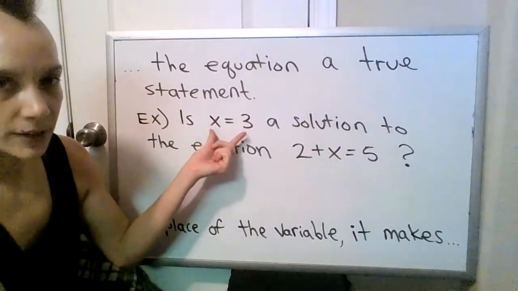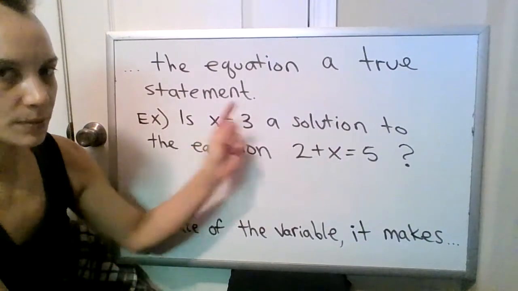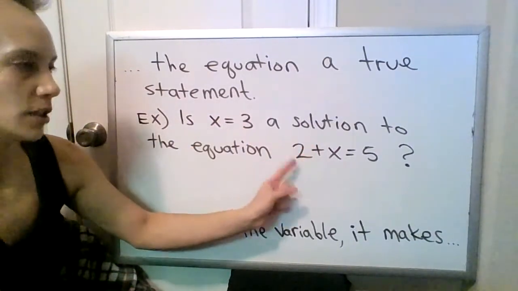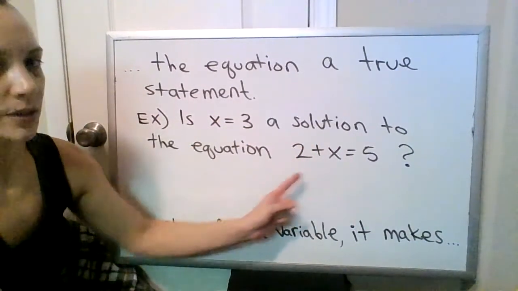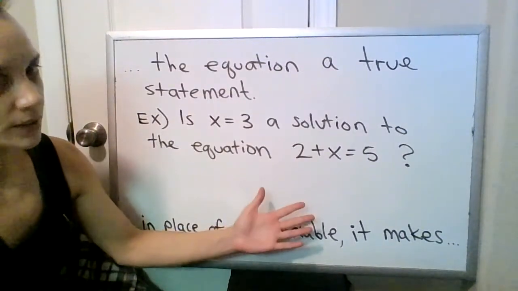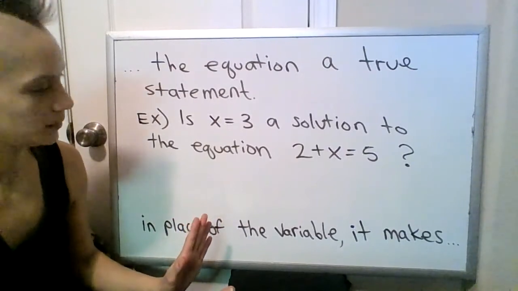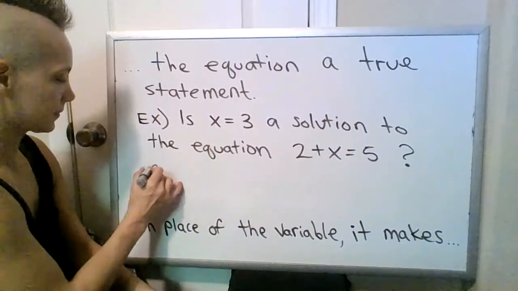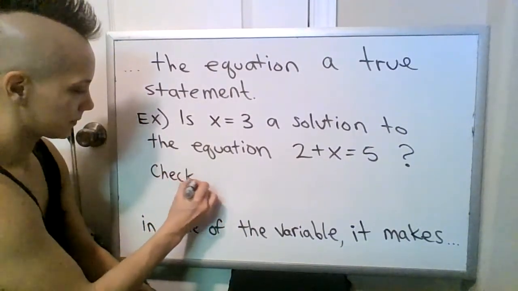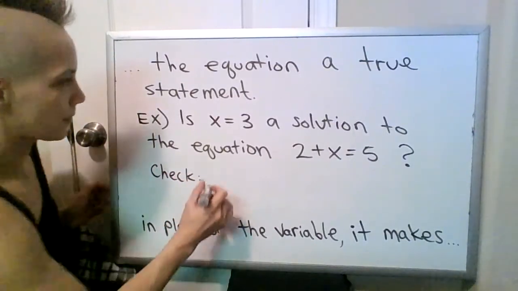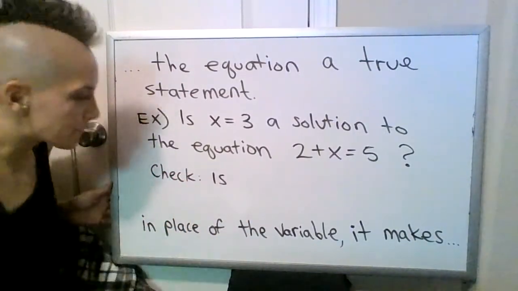So we'll take that value of 3 for the variable x, put it into the equation, check if it's true. If the statement is true, then it is a solution. If the statement is false, it's not a solution. Let's just put it in there.